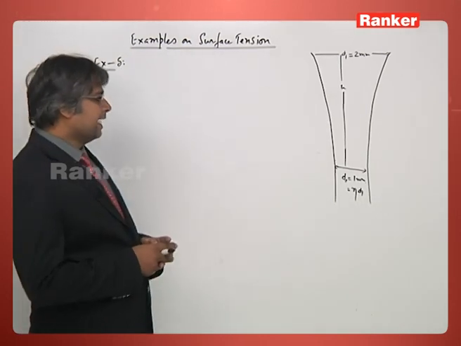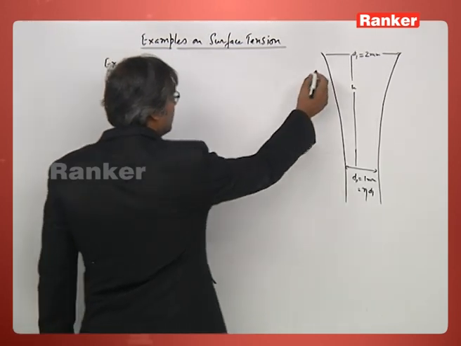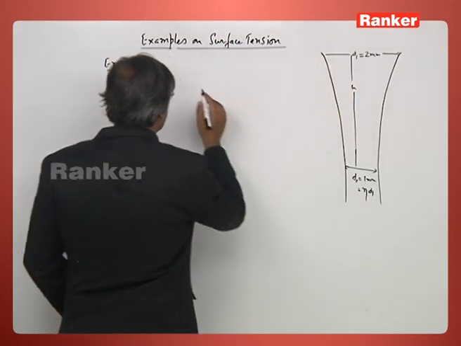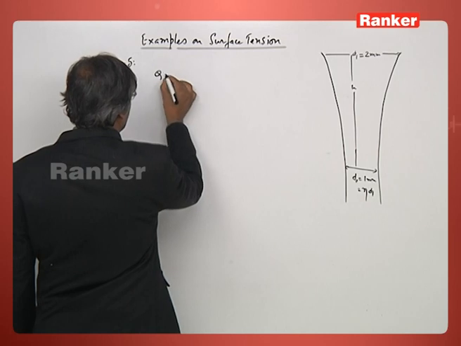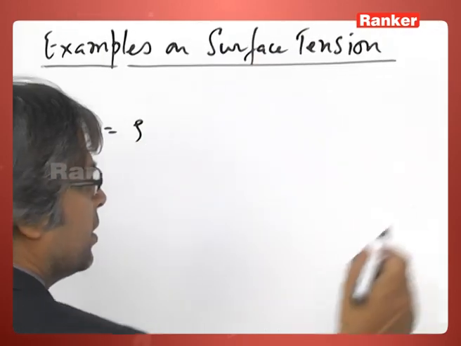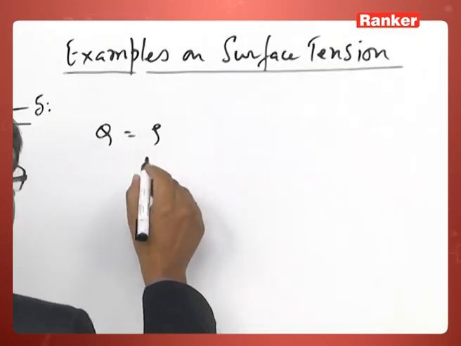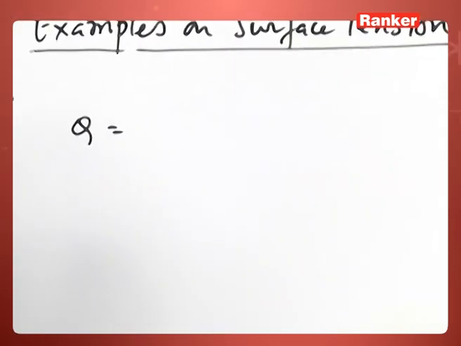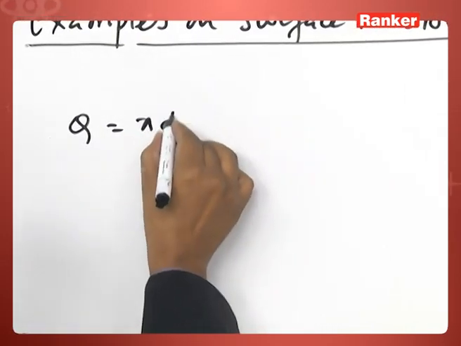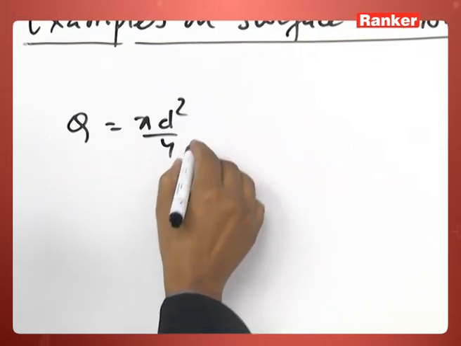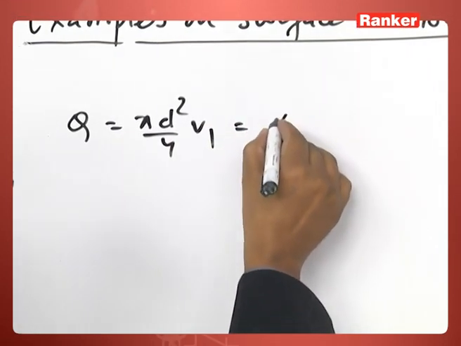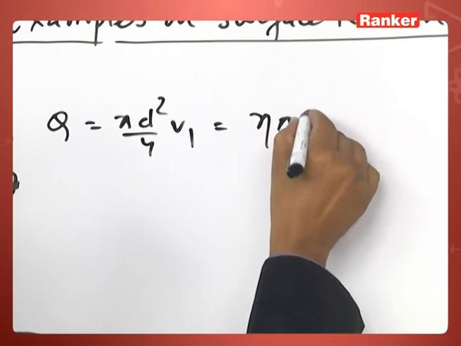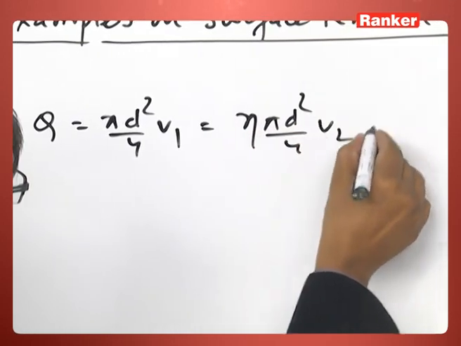Now you see here the area is something. So the discharge Q is area into V, that is pi d square by 4 into V1, which is eta square times pi d square by 4 into V2.